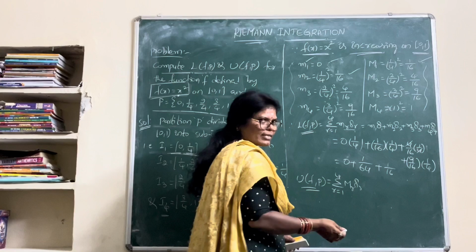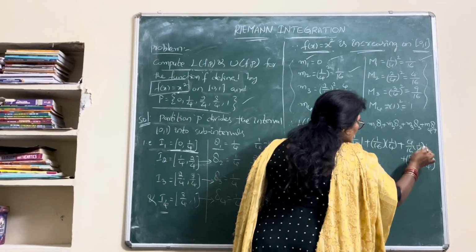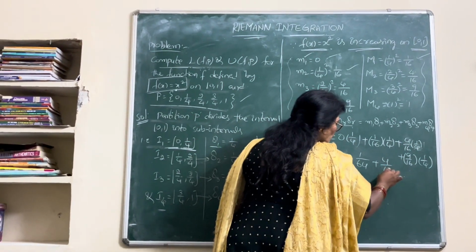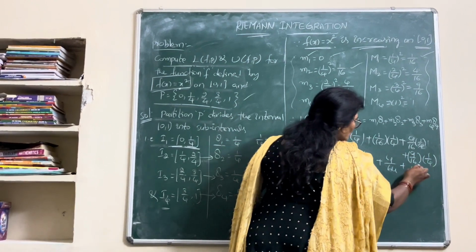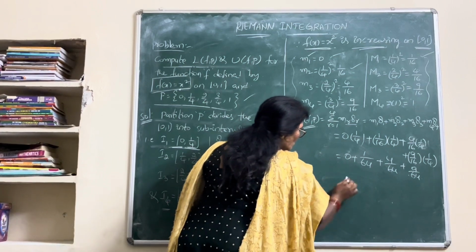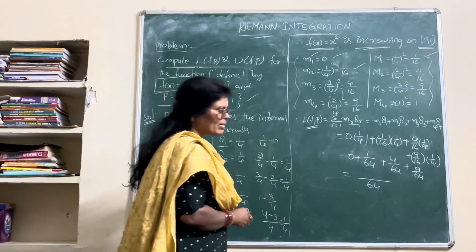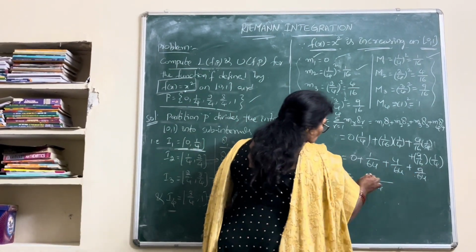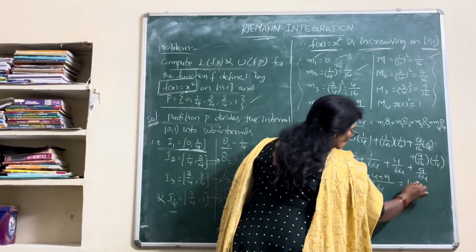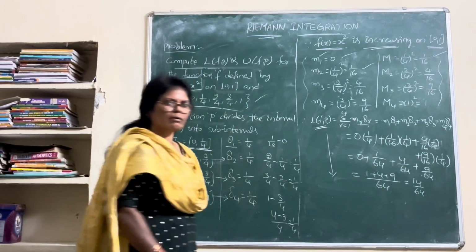For simplification to come easily, write as it is, and then you can cancel afterwards. Okay, 4 by 64 plus 9 by 64. So then after that LCM is 64. You should add 1 plus 4 plus 9. 9, 10, 14. 14 by 64. This is the LFP, the lower Riemann sum.